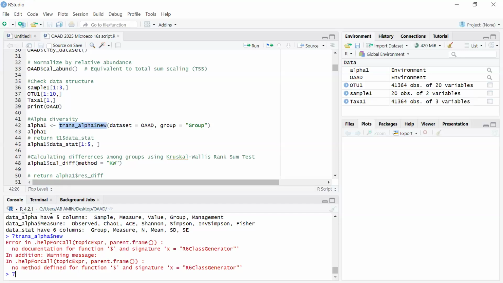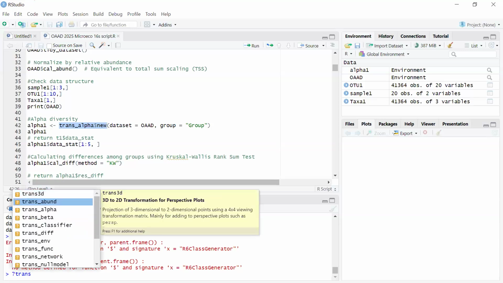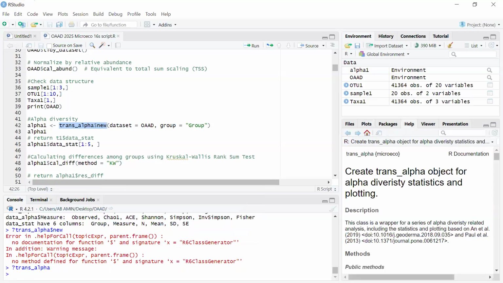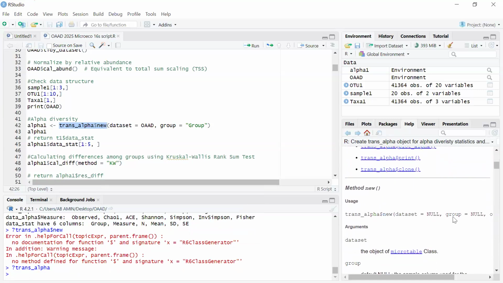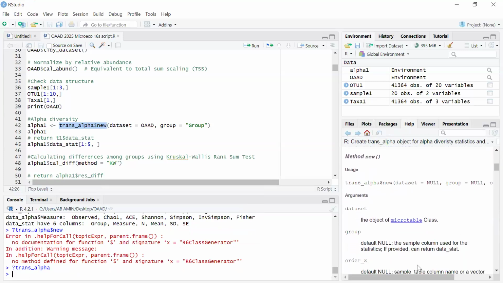Help, trans alpha. So if we check the help, we will see various statistical analyses we can use.